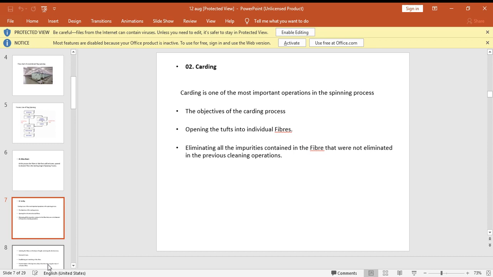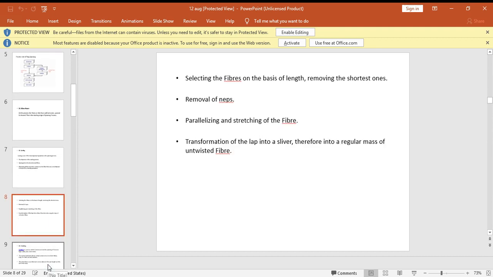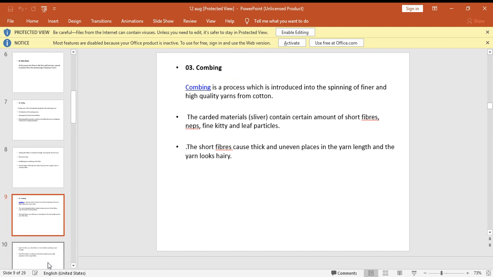The objectives of the carding process are opening the tufts into individual fibers, eliminating all impurities contained in the fiber that were not eliminated in the previous cleaning operation, selecting the fibers on the basis of length, removing the shortest ones, removal of neps, and parallelizing and stretching of the fiber, then transformation of the lap into sliver, therefore into a regular mass of untwisted fiber. That is about the carding stage.